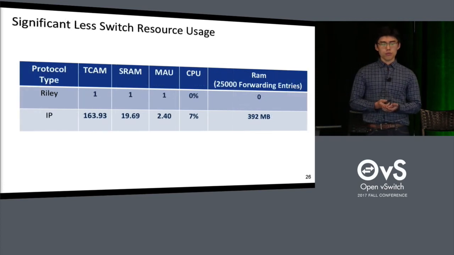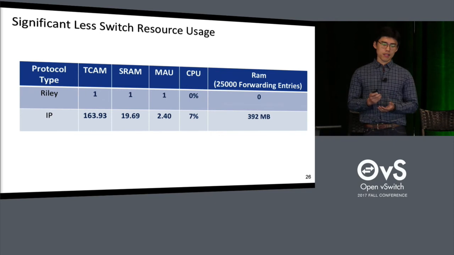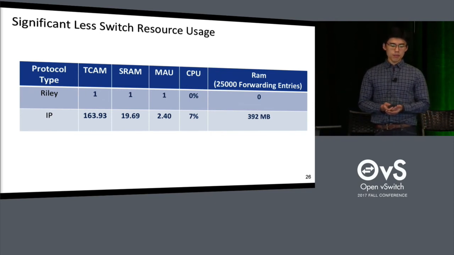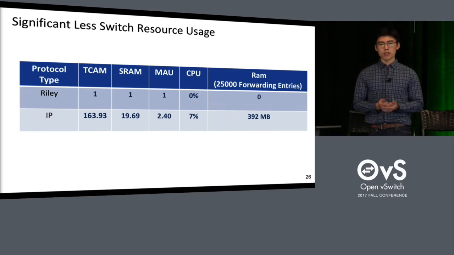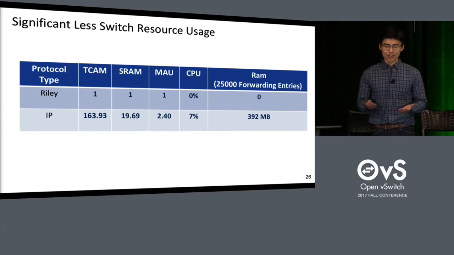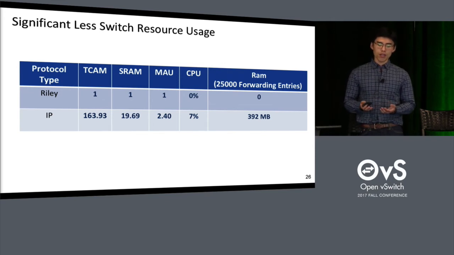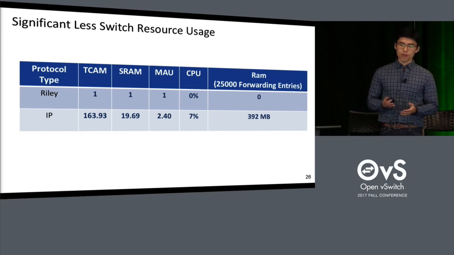We also see that there is significantly less resource usage on the switch. First of all, looking at the CPU and RAM, Riley uses zero of them. We basically shut off the CPU part of the switch. Whereas in the IP world, the switch daemon that runs the protocol consumes around 7% CPU on average and around 400 megabytes of RAM with 25,000 forwarding entries.